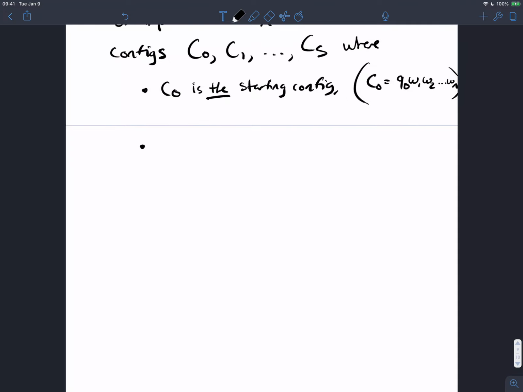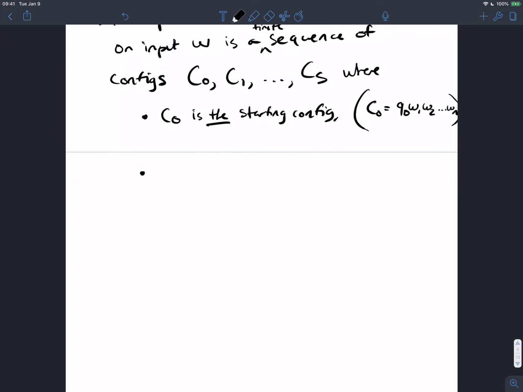Well, let's see. Since this machine is deterministic, for C1, which will be derived from C0 after a transition, could there be more than one possibility of the next configuration, or will there be exactly one? One, because the machine is, important word, deterministic. Good. But that handles all the way through, right?